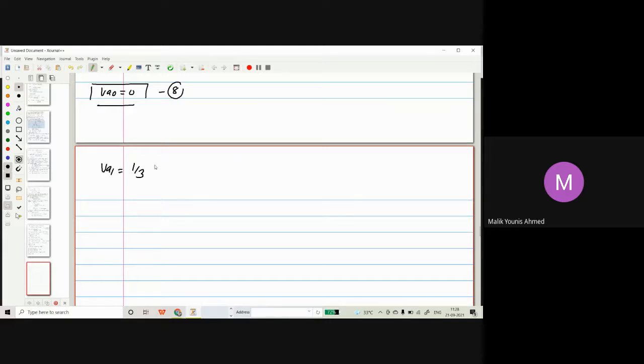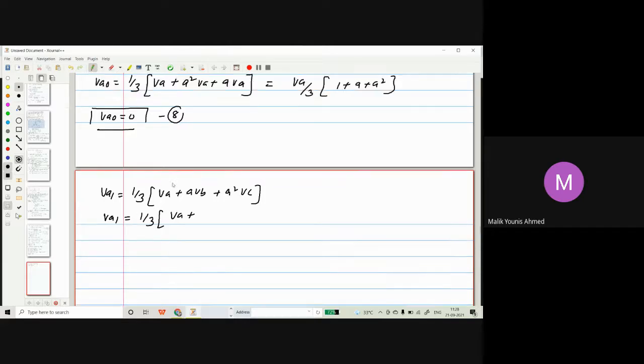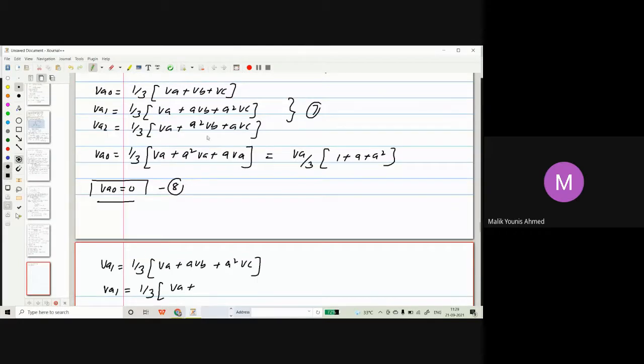1 by 3 of VA plus AVB plus A square VC. VA1 is 1 by 3 VA. AVB we can write it. VB we have written here as A square VA.